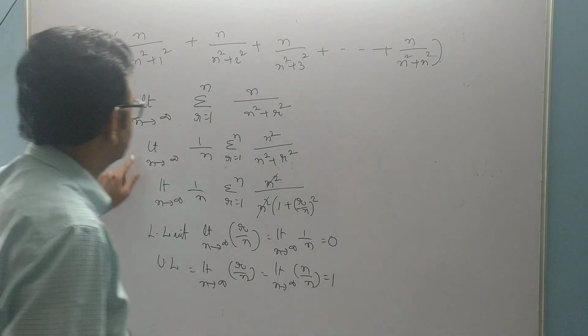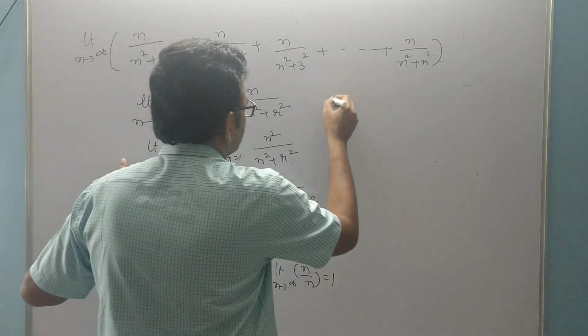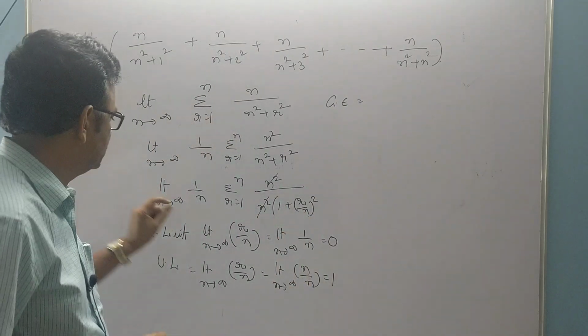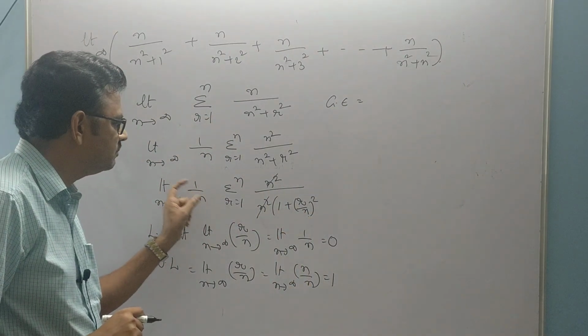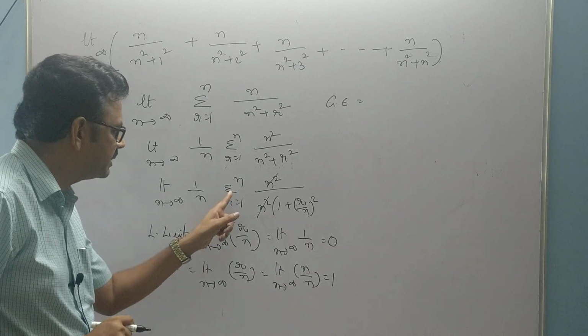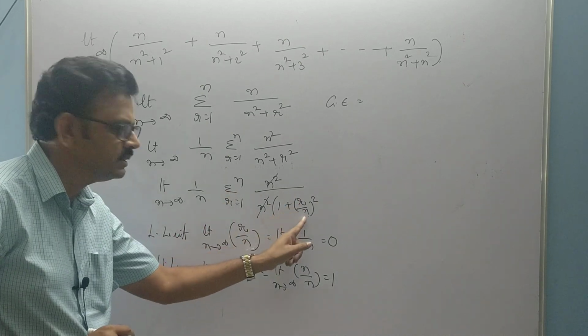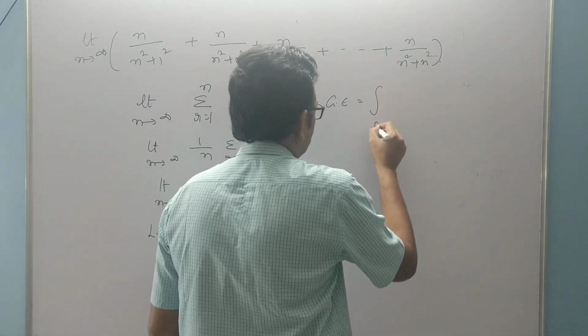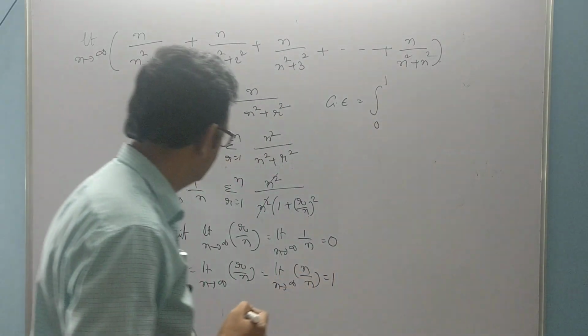Therefore the given series equals, now 1 by n becomes dx, sigma becomes integral, and r by n becomes x. Therefore the limits are 0 to 1.